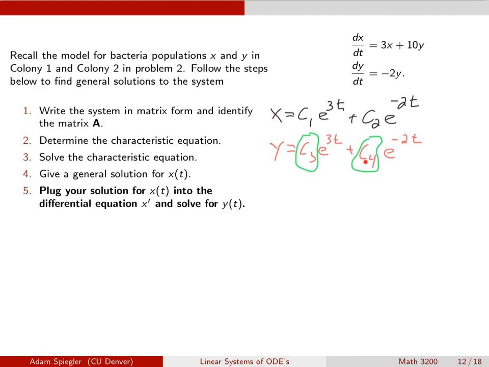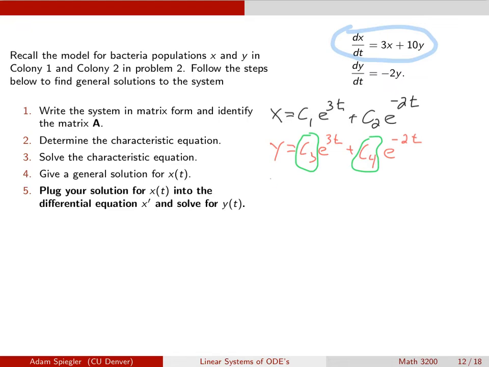So let's find out what the values for c3 and c4 are by taking our solutions for x and y and plugging them back into the very top equation, dx/dt is equal to 3x plus 10y. If we're going to check the conditions by using the top equation, then we need to figure out what dx/dt is.